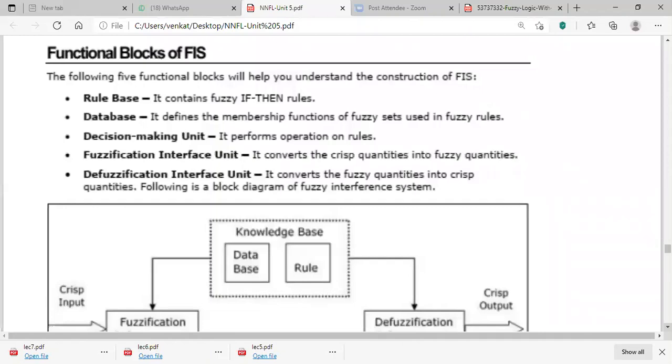It performs an operation on rules. Fourth one, fuzzification interface unit. It converts crisp quantities to fuzzy quantities. And last one is defuzzification interface unit. This device plays an important role. It converts fuzzy quantities into crisp quantities.